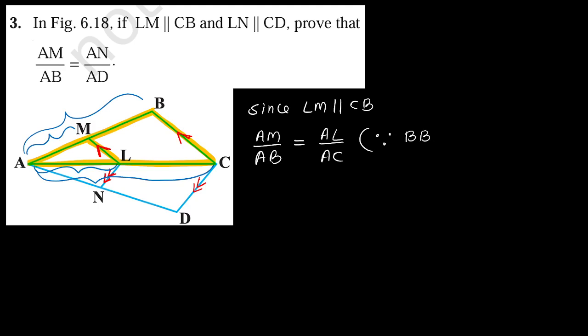At least write BPT theorem, not BBT, BPT theorem. We studied the basic proportionality theorem in the previous class: if a side is parallel, then the left side ratio equals the right side ratio. You have to write the reason here, okay? BPT theorem.